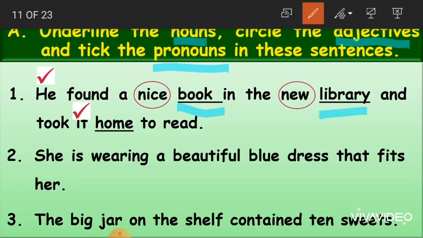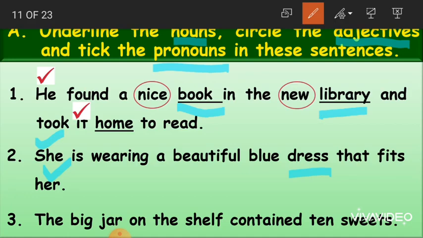She is wearing a beautiful blue dress that fits her. Now we have to underline the nouns here. What are the nouns here? Only dress. Now tick the pronouns. She, her. These two are the pronouns.